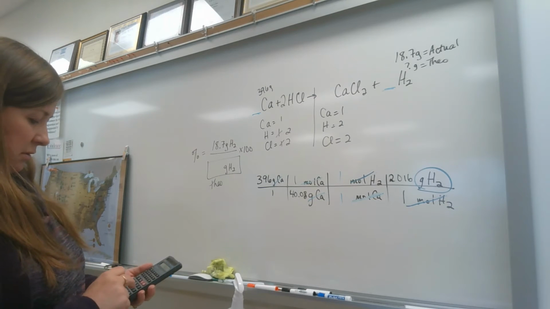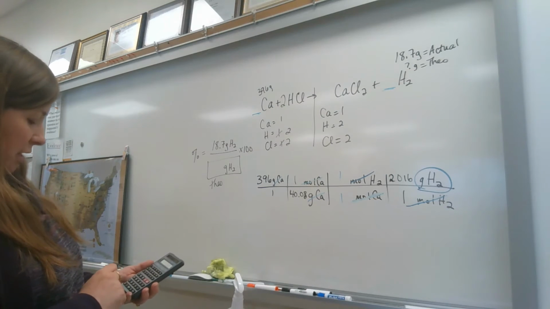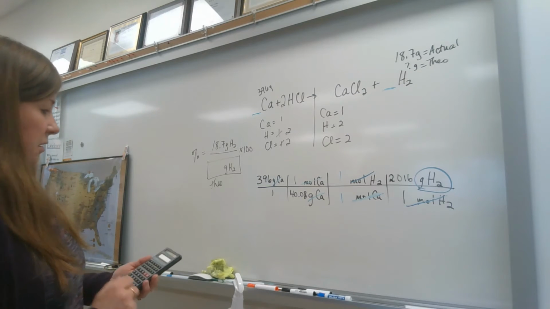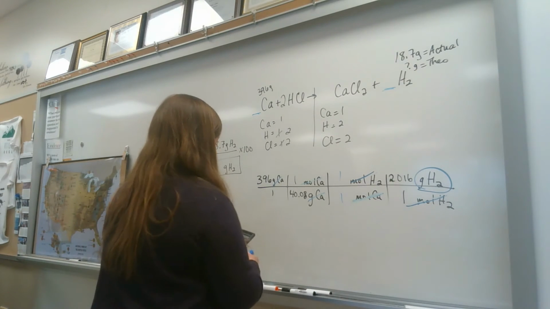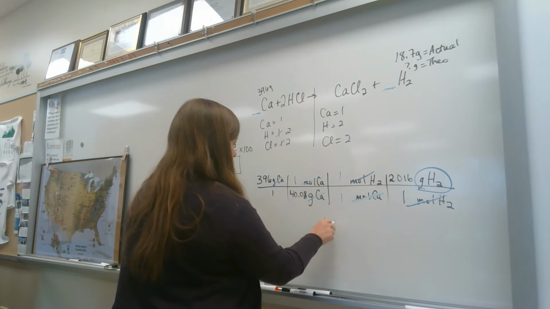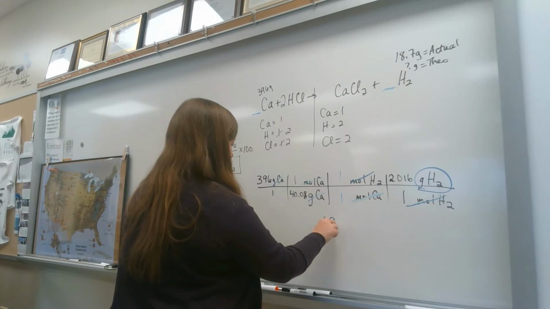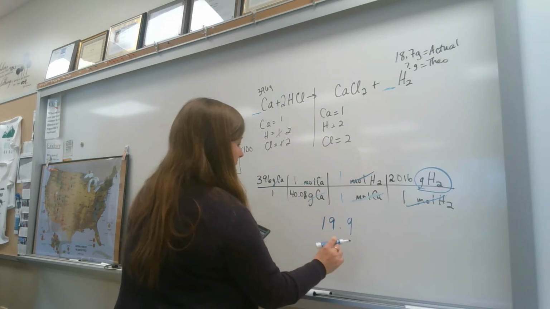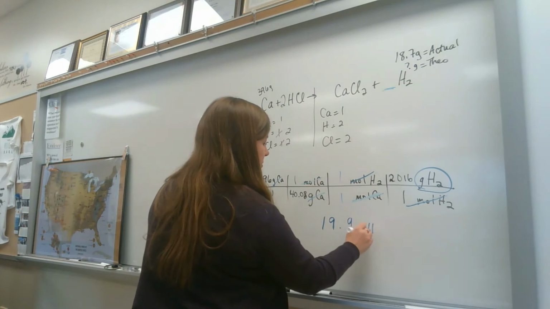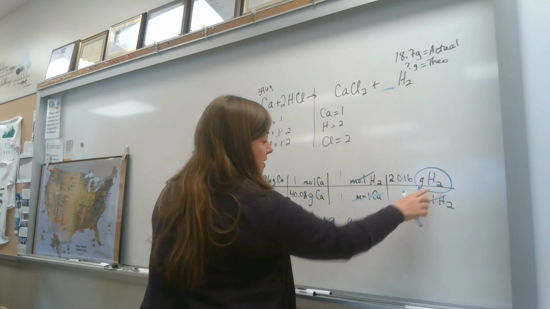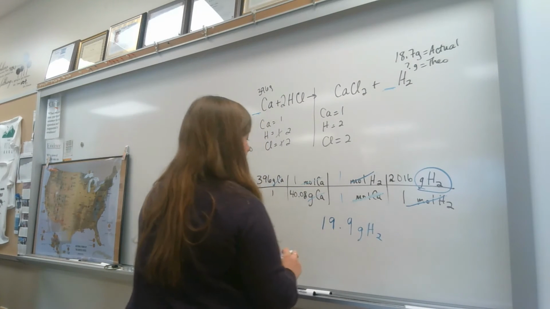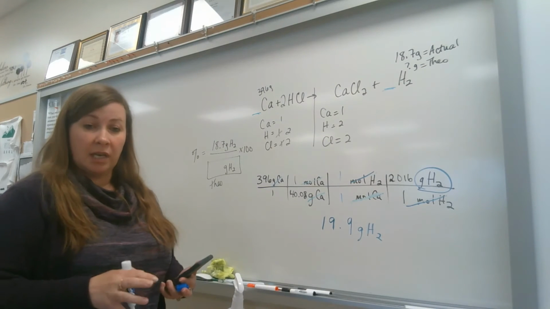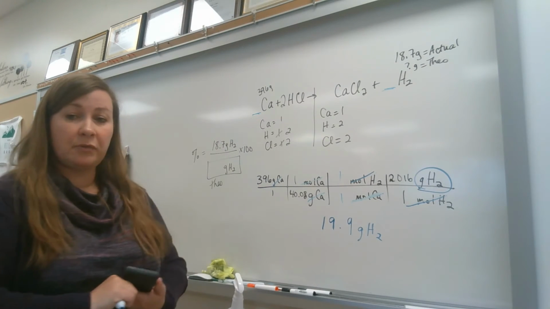And we get 19.9 grams of H2. And I know my unit's going to be the same as this unit left, right? So 19.9 grams of hydrogen is how much hydrogen we should get, assuming the reaction goes perfectly and we measured perfectly and everything works great. So 19.9 grams is our theoretical yield.